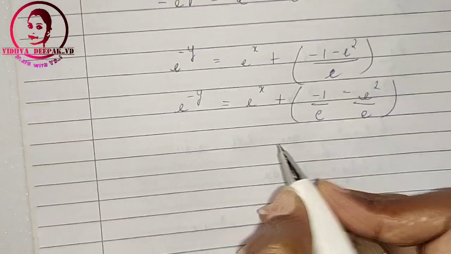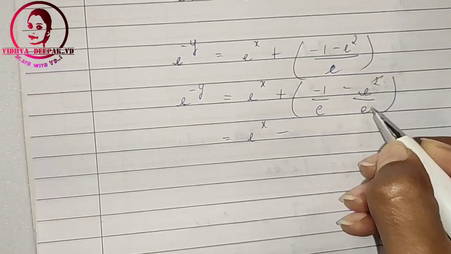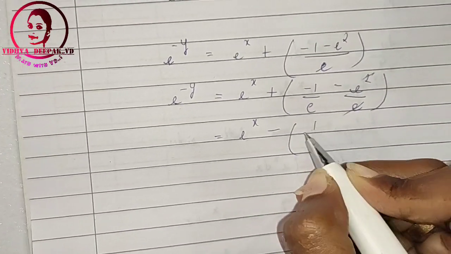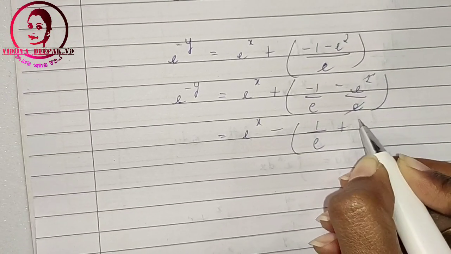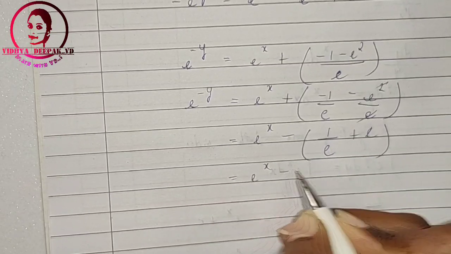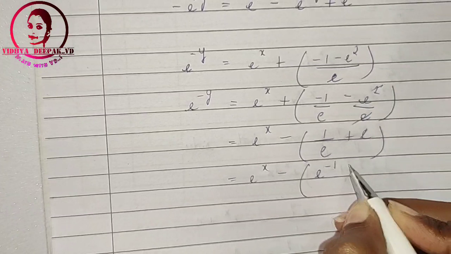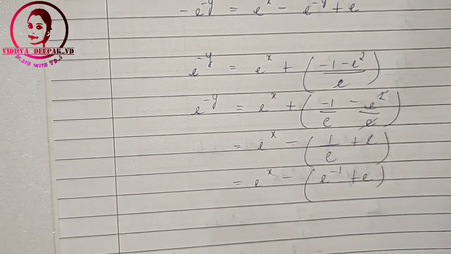Okay, so now what do I have? I have e power x. I'm taking minus common outside. Here 1 by e and 1 by e get cancelled. So I have 1 by e plus e, right? I'll take this to the numerator. This becomes minus 1 plus e, right?